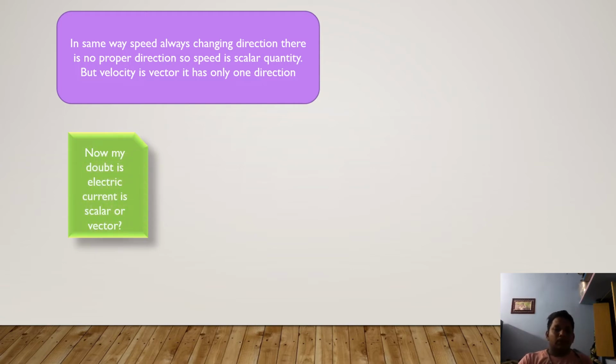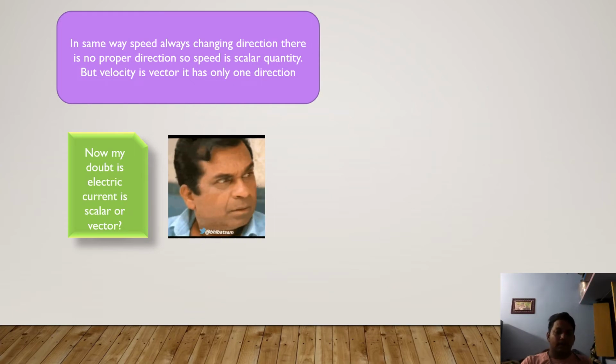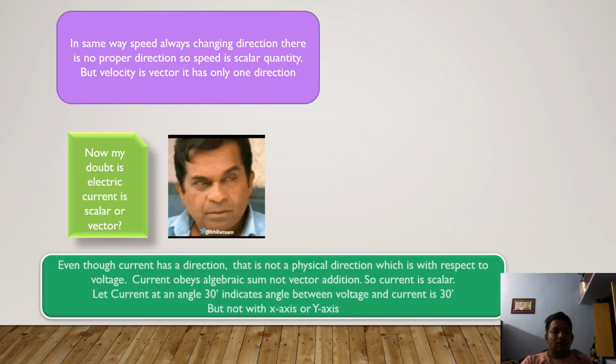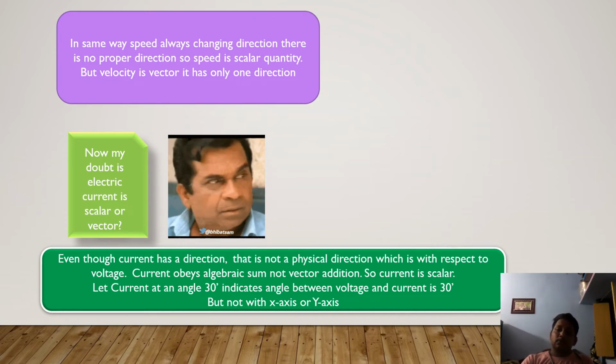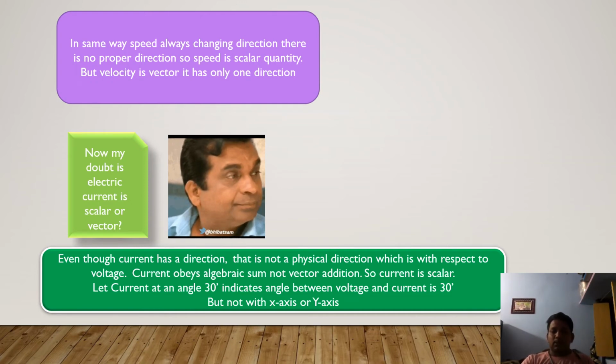Now, my doubt is whether electric current is a scalar or a vector. Even though current has a direction, that is not a physical direction; it is a direction with respect to voltage. Current obeys algebraic sum but not vector addition.